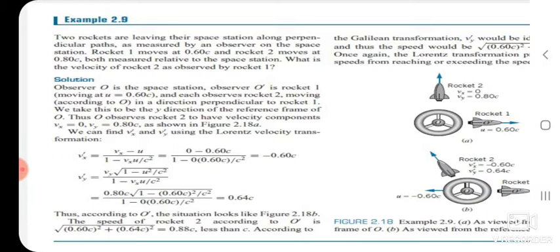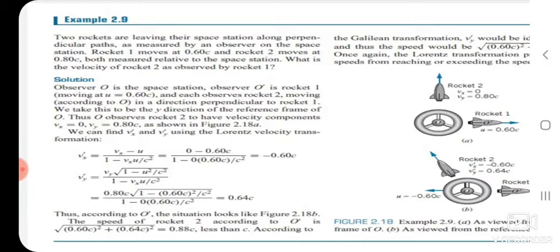Therefore, O observes rocket 2 to have velocity component Vx is 0 and Vy is equal to 0.8 c, because it is moving perpendicular to rocket 1, that's why its x component is 0, only y component is there. But in case of rocket 1, only x component is there, y component is 0.